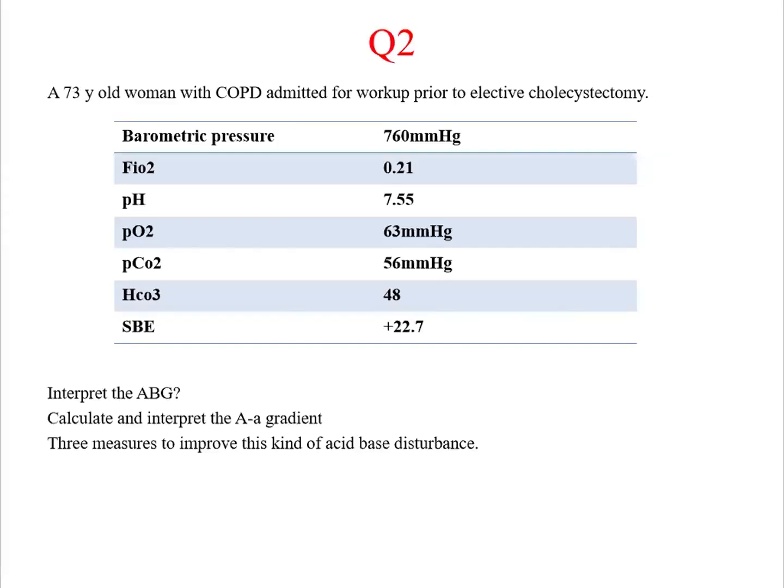A COPD patient admitted for elective cholecystectomy, FiO2 0.21, pH 7.55, PCO2 63, PO2 56, bicarbonate 48, and base excess plus 22.7. Interpret the ABG, calculate the A-a gradient, and give three measures to improve this kind of acid-base disturbance.